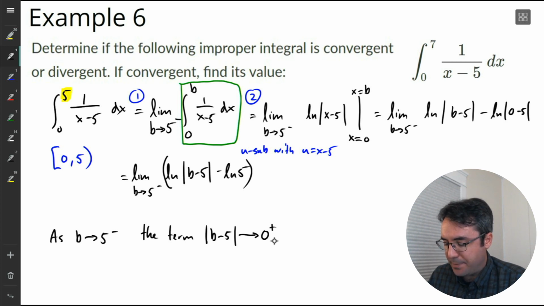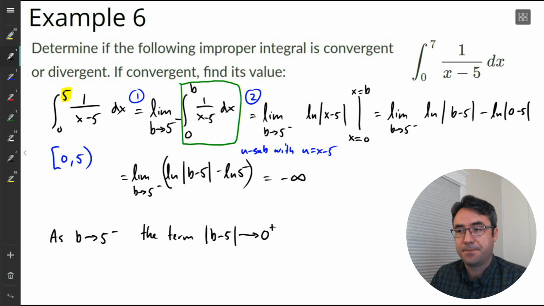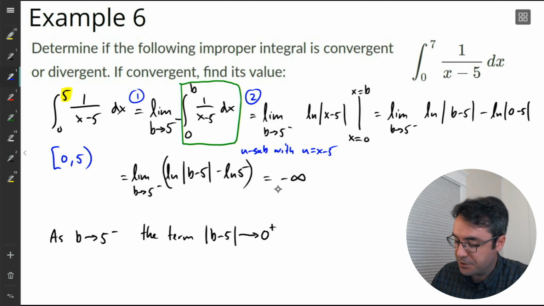All right, so what happens to our log function as the term inside the log function gets closer to 0 from the right? Well, we know that it's equal to minus infinity. And this is one of our special cases.